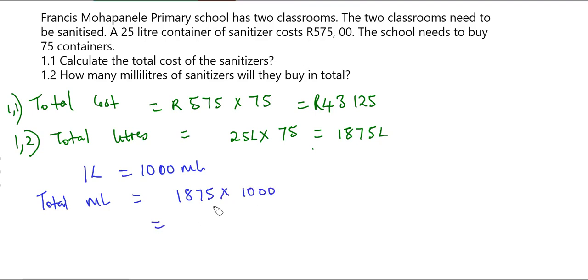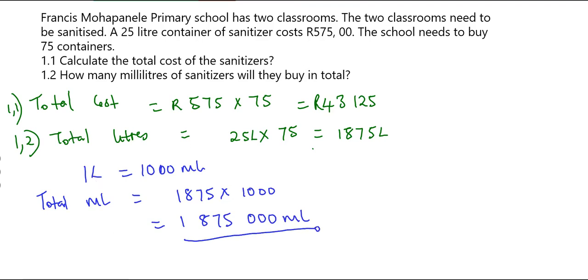Then what do we get there? We're going to get 1,875,000 milliliters. That becomes our answer there.